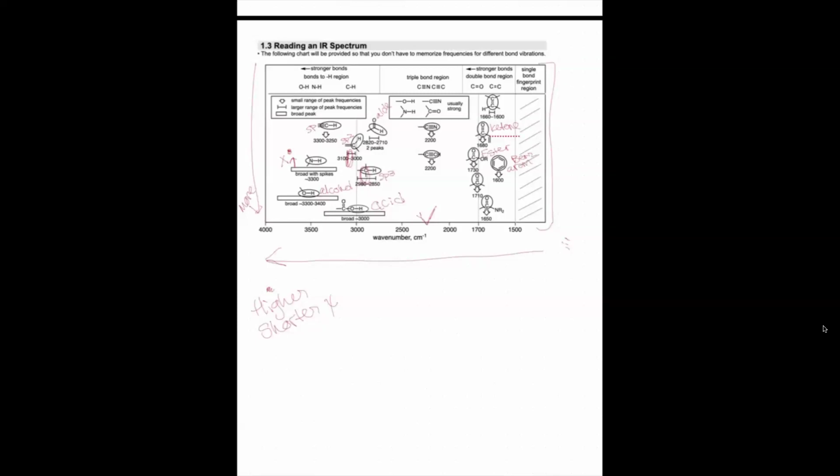So that's how you can hopefully distinguish a bit between the oxygen-hydrogen of an alcohol versus an amine, right? You might see a little bit of a peak on it, but still overall a broad peak.